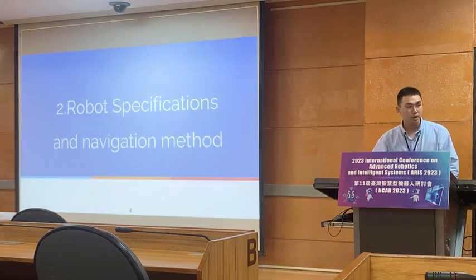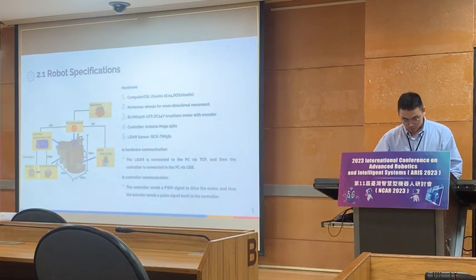In the second part, I will explain the robot specifications and the navigation method. 2.1 Robot specifications. The hardware contains a computer, a microphone, a wheel and brushless motor, a controller Arduino Mega 2560, and the LiDAR sensor.